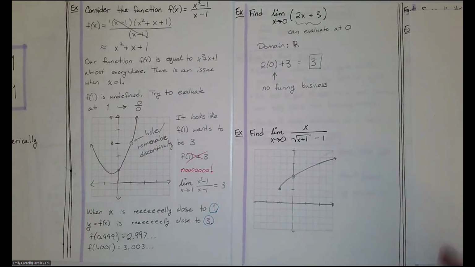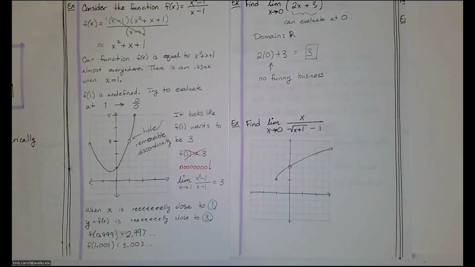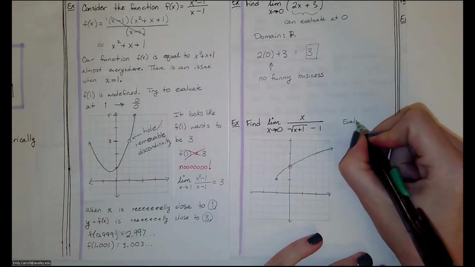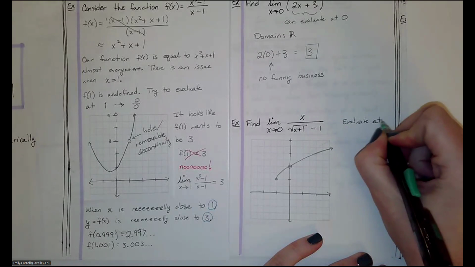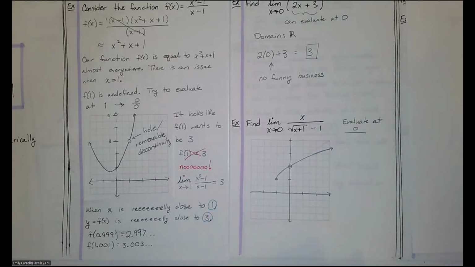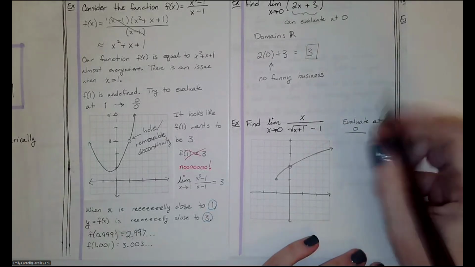Okay, this one does have funny business. If x is 0 here, then you try to evaluate at 0, you get a 0 on top, and then you get square root of 1 minus 1, there's also 0.